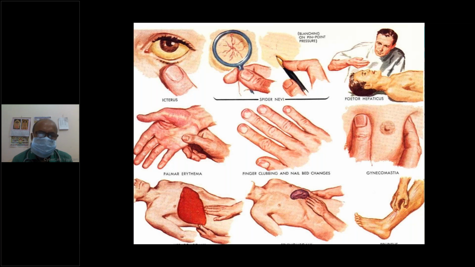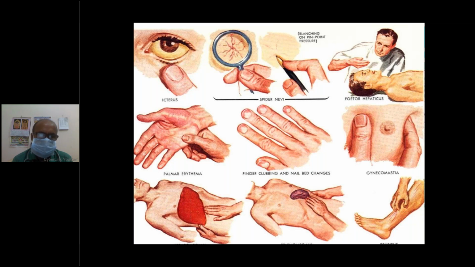To approach the lower border, two methods are there. One, you palpate from the right iliac fossa to the right hypochondrium. The next method is percussion also. In the same fashion, if a lot of fluid is there, the percussion method may not be useful. If less fluid or no fluid is there, you can percuss from the right iliac fossa to the right hypochondrium, and thereby appreciate the lower border of the liver.